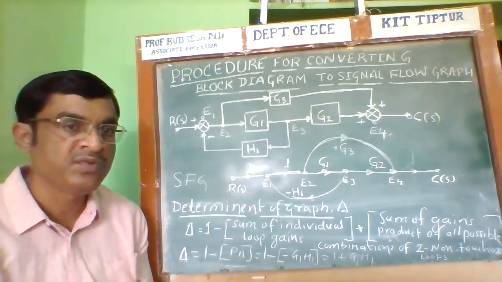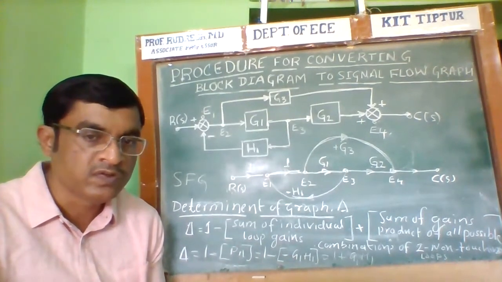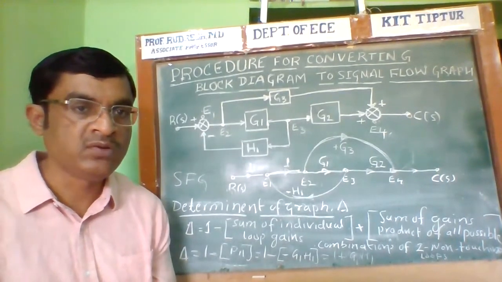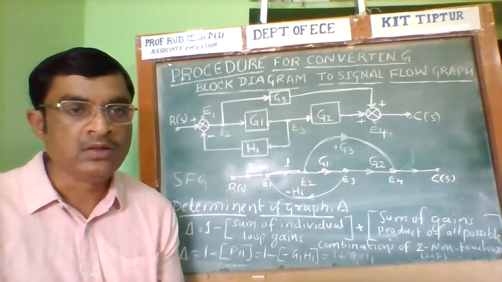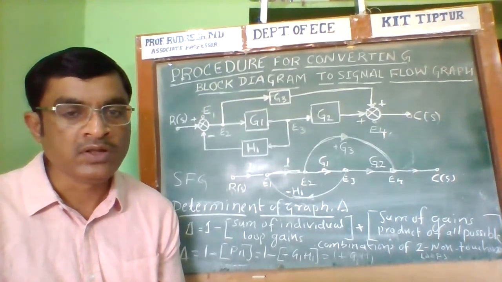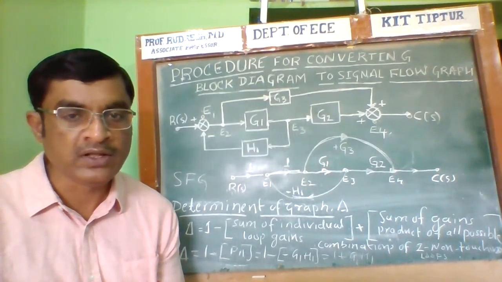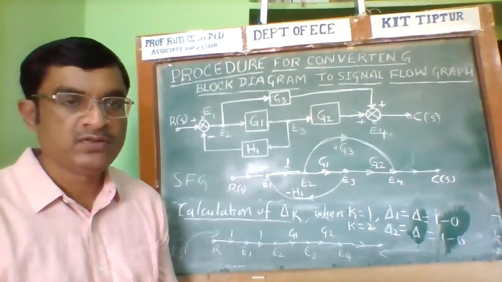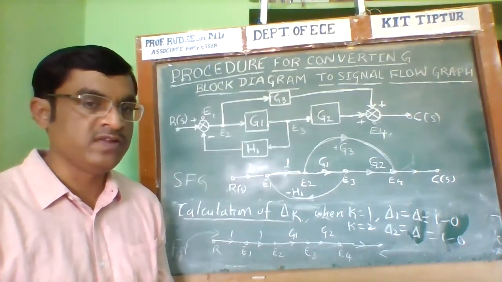In the next step, we calculate delta K. This is also very important while using Mason's gain formula for finding the overall gain of the system, C(s) divided by R(s).